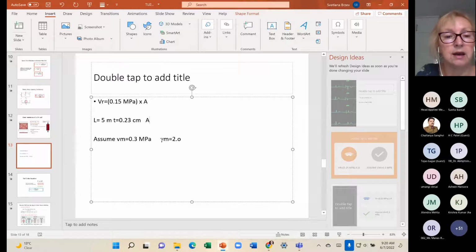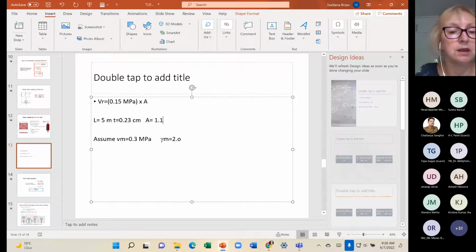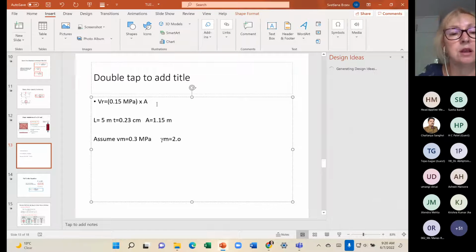So then the area is 5 times 0.23, so it is 1.15 square meters. Maybe it's better to express the stress in kilopascals.